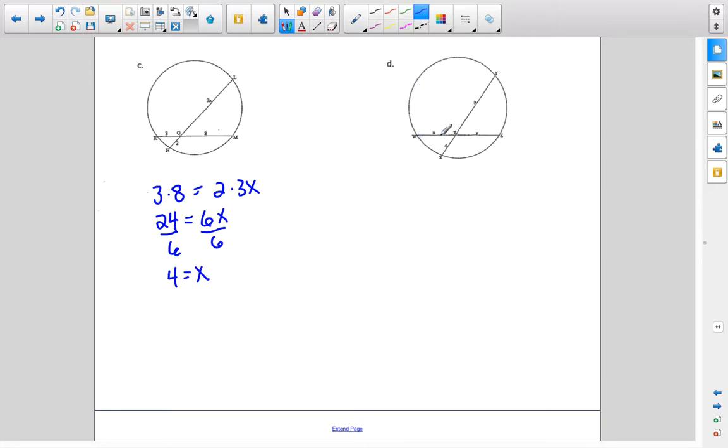And on D, we have two chords intersecting. It looks like x and x. So on one chord, I have x times x, and on the other chord, I have 4 times 9. So I have x squared equals 36, and when I take the square root of both sides, x equals 6.